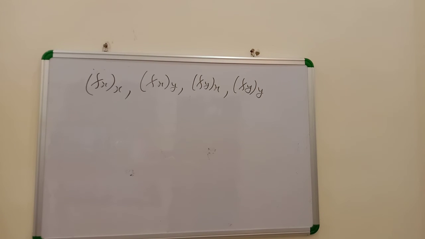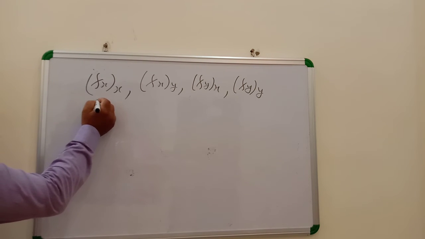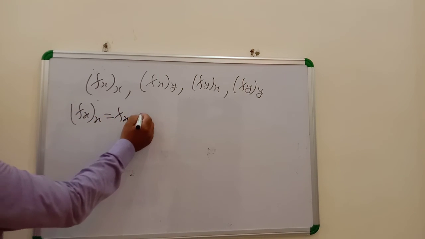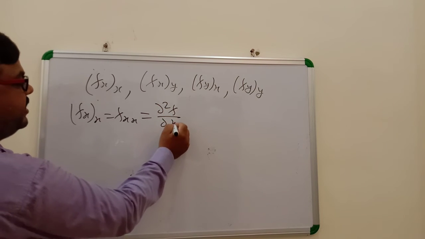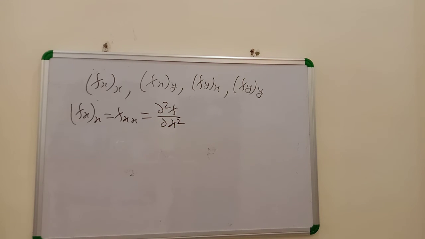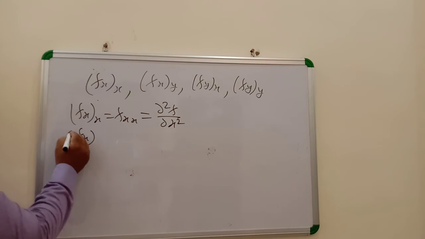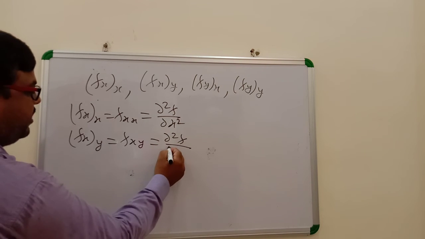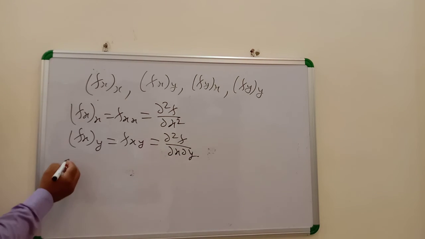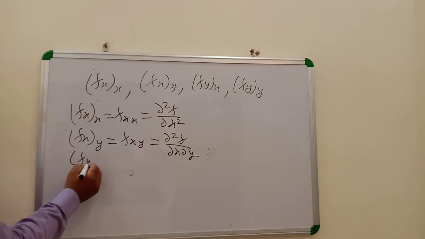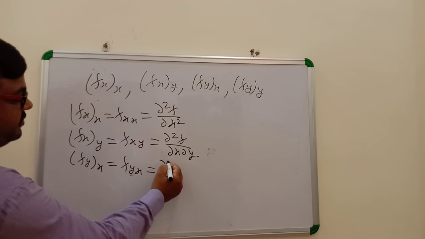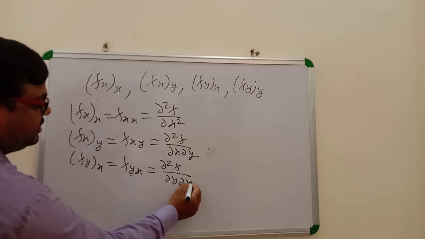The usual notation: fxx is del 2f over del x square. Similarly, fxy is del 2f over del x del y. fyx is del 2f over del y del x.